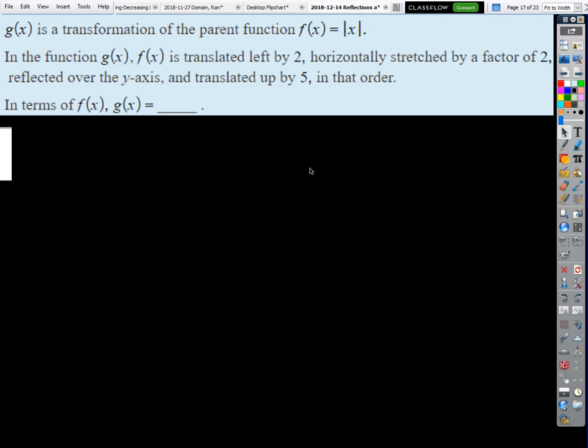First we're going to translate this thing left by 2. And then if I say horizontally stretched, what do we mean by horizontally stretched? Where am I stretching it from though? Like if I take a graph, from the vertex. From the y.